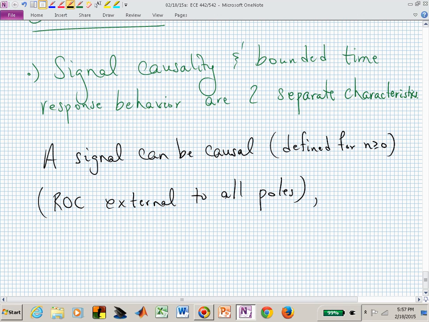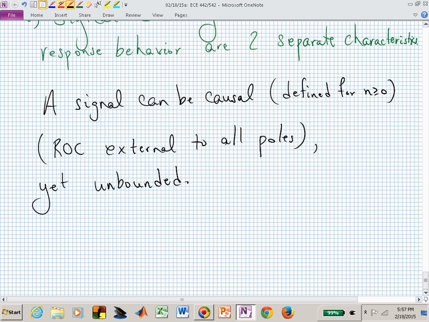So we can have a signal that's causal, yet its time domain response might be unbounded, which means where are the poles relative to the unit circle?